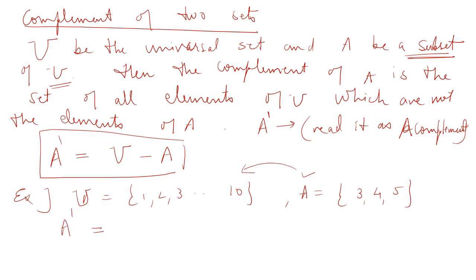A complement means U minus A. So in U, whatever elements there are, you subtract A. What are the elements in U? 1, 2, 3, 4, 5, 6, 7, 8, 9, 10. Cancel 3, 4, 5. What remains here? 1, 2, 6, 7, 8, 9, 10. This is A complement.